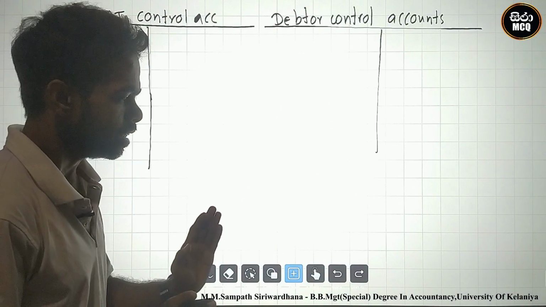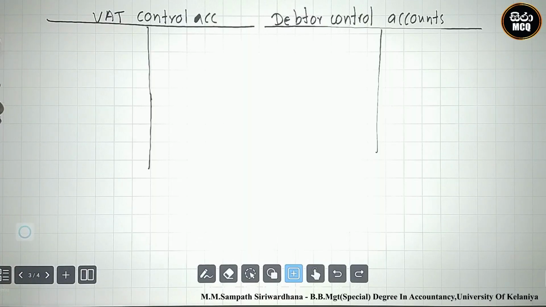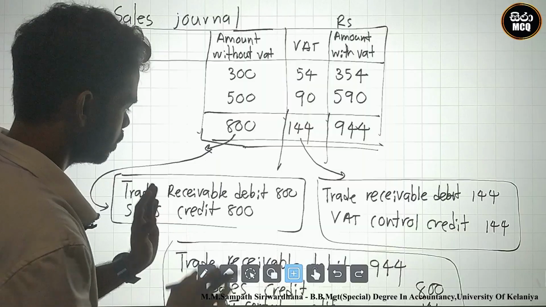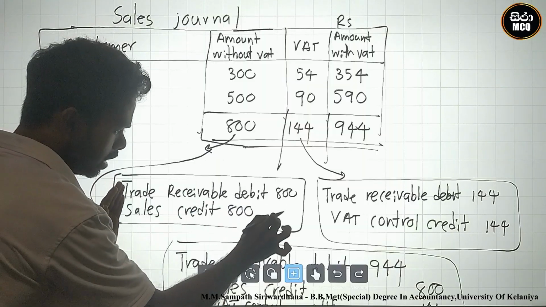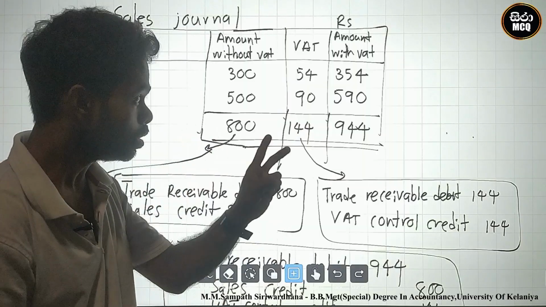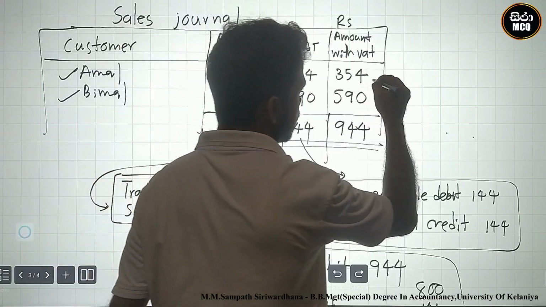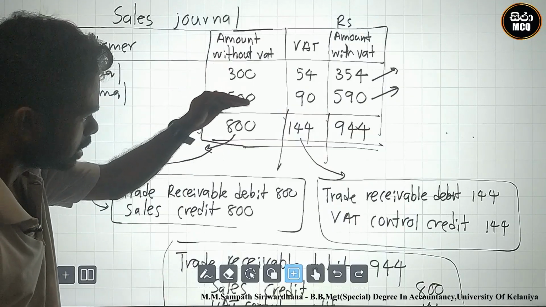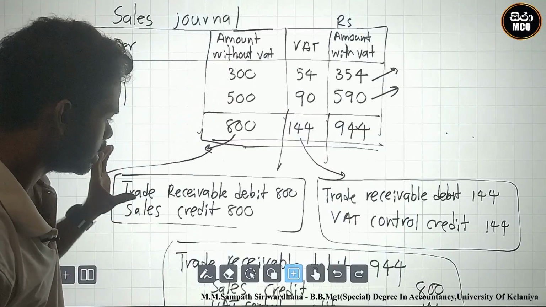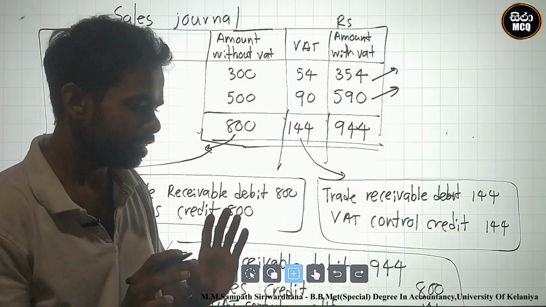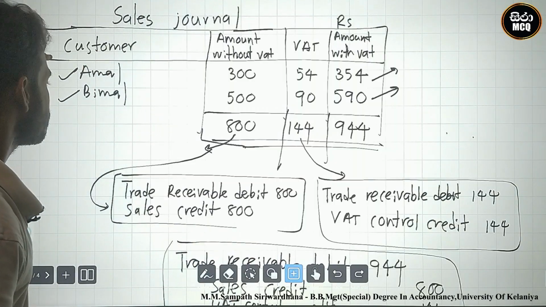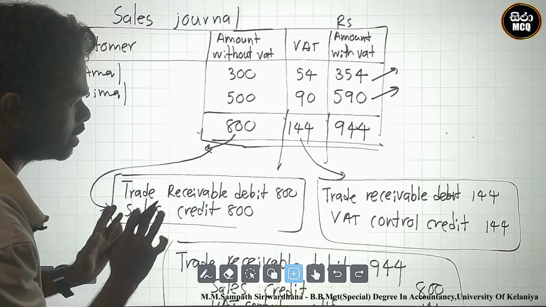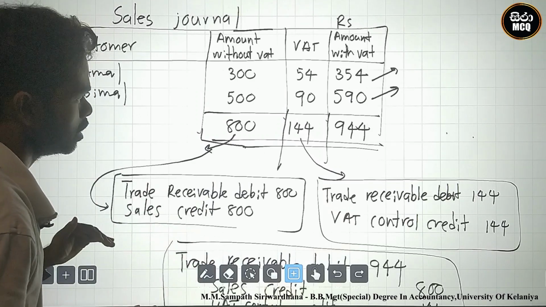The two transactions are included in the sales journal, and there are double entries for them. This is a credit sale, and this is a credit sale. What is the double entry of the total credit sales? This one and this one.